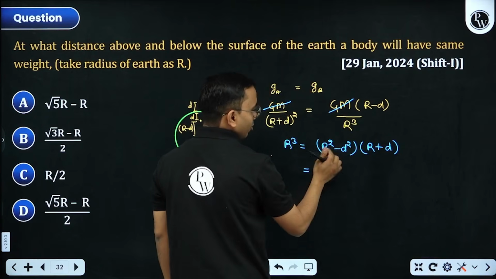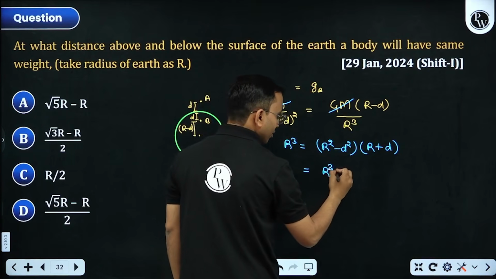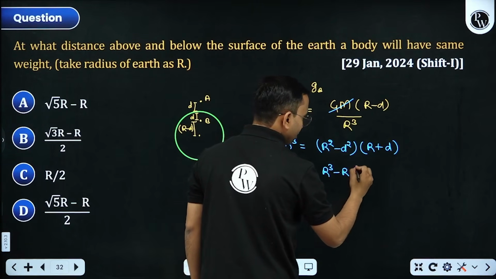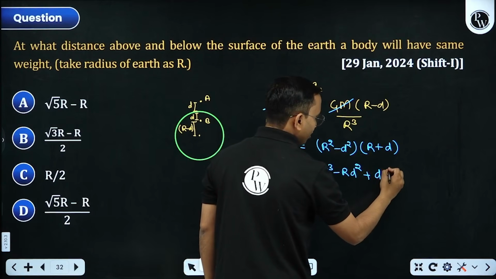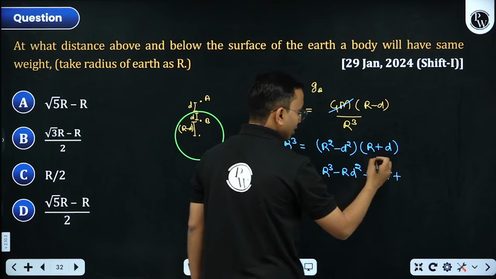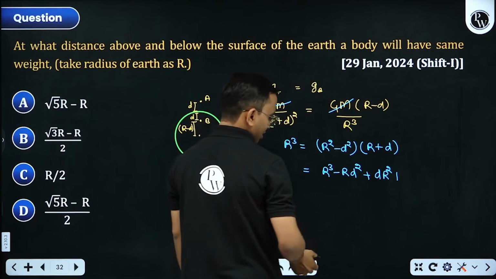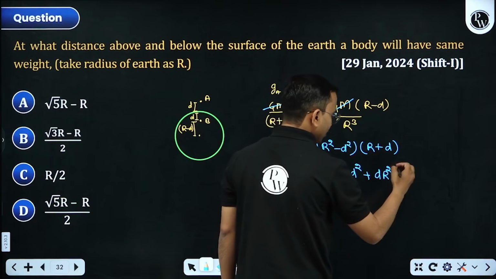Multiply it, it will become r cube minus r d square plus d r square minus d cube.